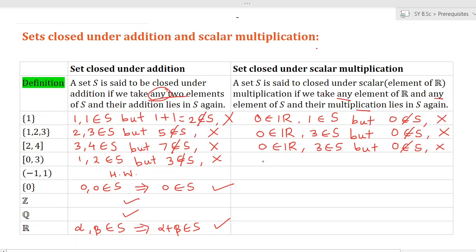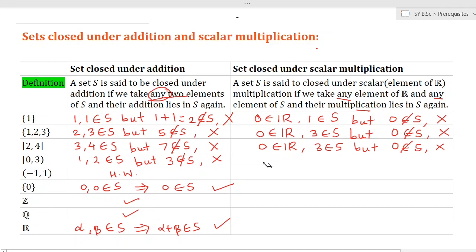Now what about the fourth example? It is interesting now. See, now this set already contains 0, right, over here. So now I cannot take my choice of element of R as 0. So I need to pick some other element in order to give a counter example.